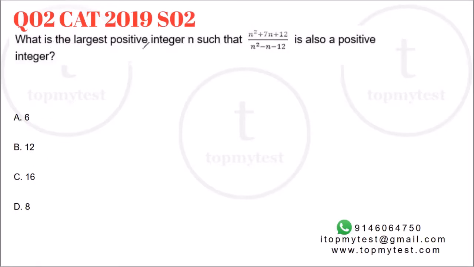It says, what is the largest positive integer n such that n square plus 7n plus 12 divided by n square minus n minus 12 is also a positive integer. So let's factorize this. N square plus 7n plus 12 can be split as n plus 3 into n plus 4.